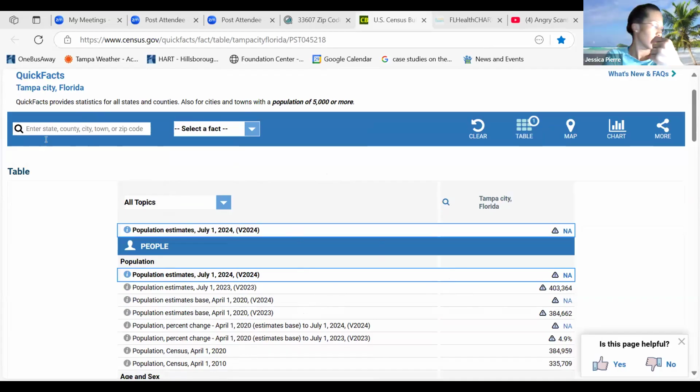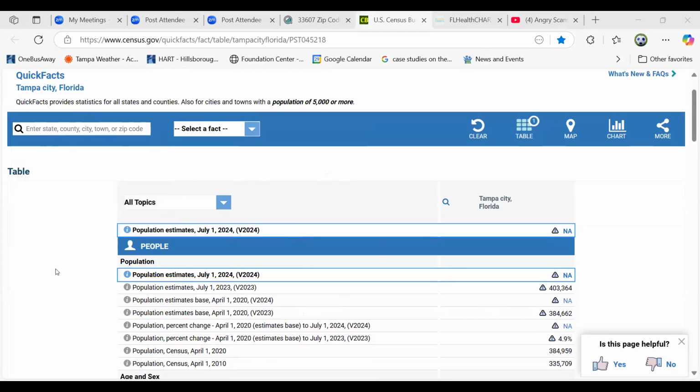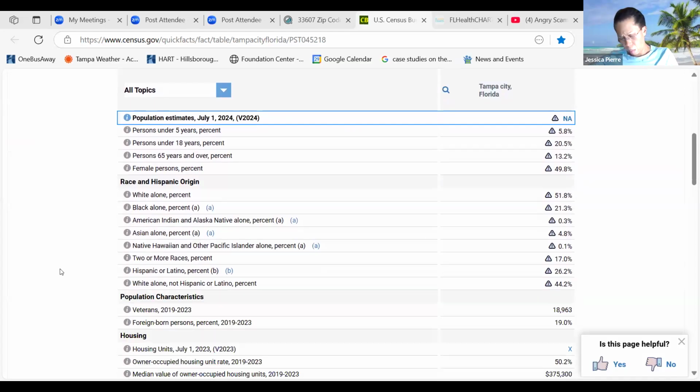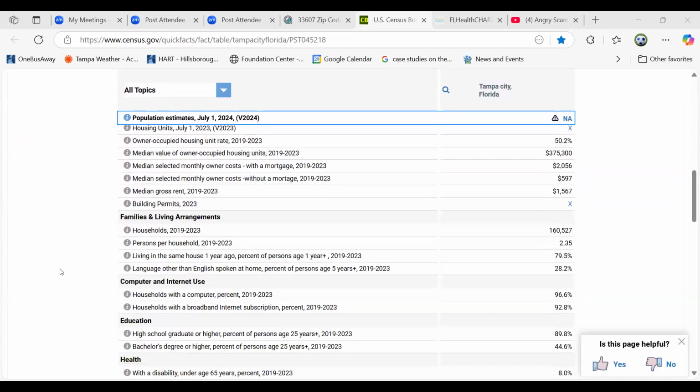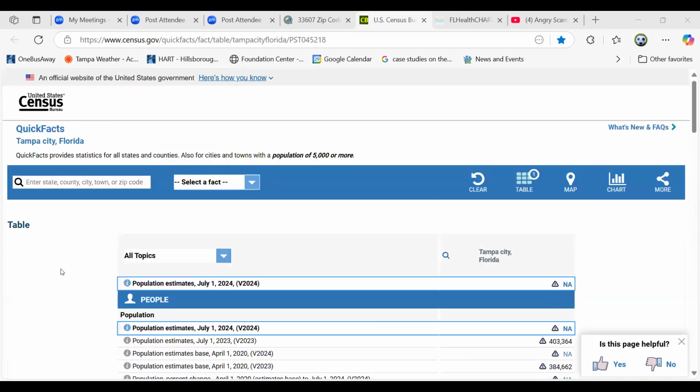And then you can put in the state, the county, the city, or whatever, and it's going to bring you back all the information that you need. Age, sex, population, economy, the whole thing. Everything you're going to need for your assignment is going to be here, as well as the first one that we looked at. Okay. Any questions? No.